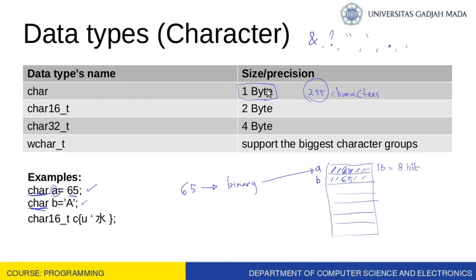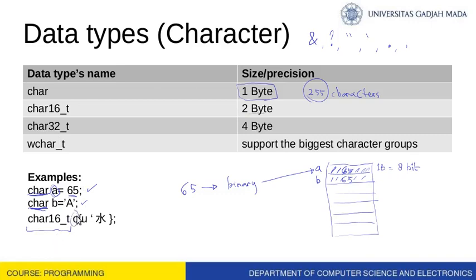to represent their characters. Okay, so suppose like Japanese character, we can use this char16_t as the data type, because it is not included in 1 byte characters. The Japanese character is included in 2 bytes. Therefore, we use this as our data type for Japanese character, and then this is the variable.